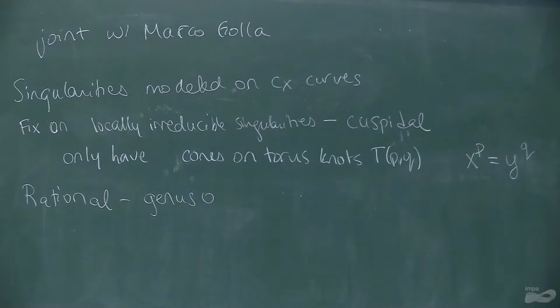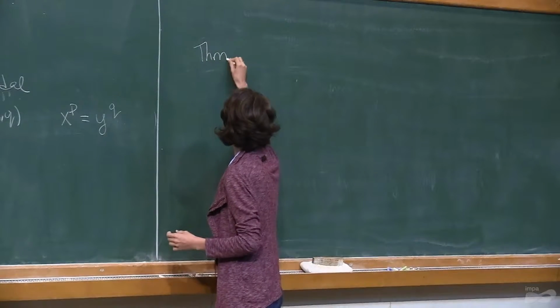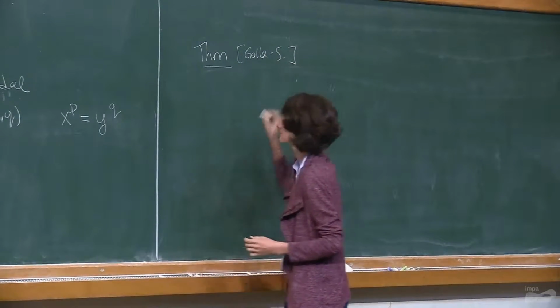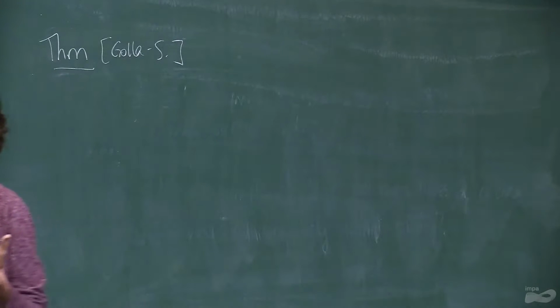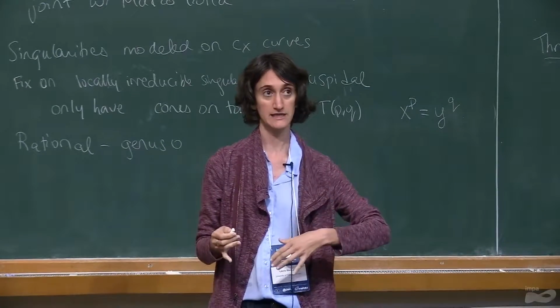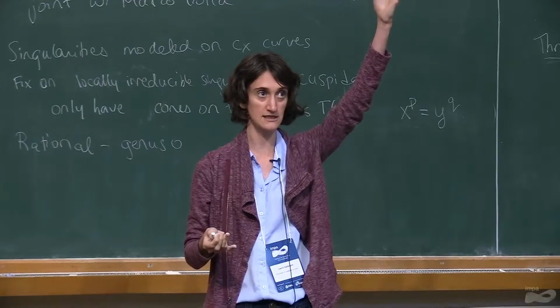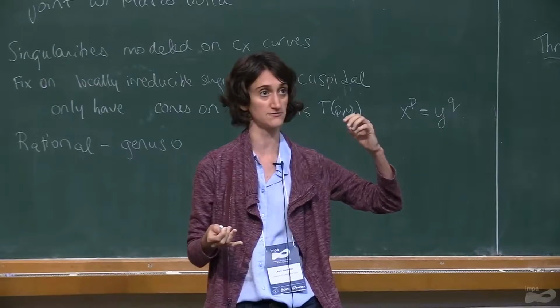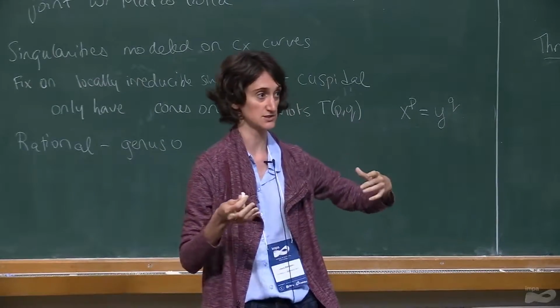Okay, so let me state some results. The first families that we can look at, with this lowest genus 0 but arbitrarily high degree, are with just a single cusp eating up all of the genus that comes from the degree.